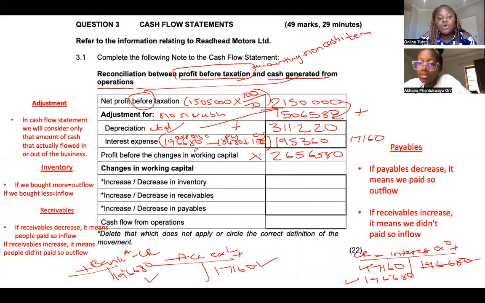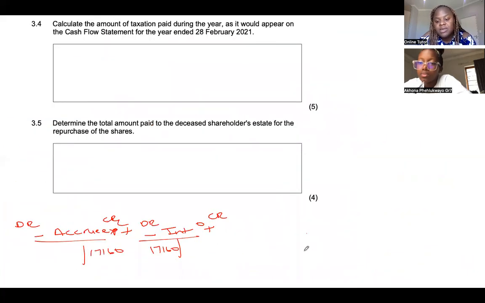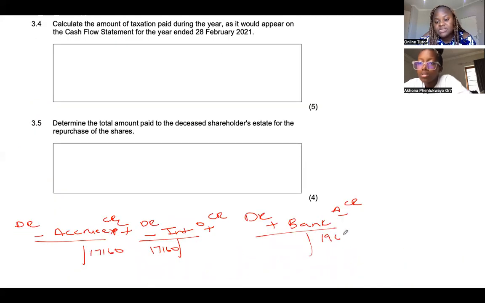But then they also told you that interest was paid during the year. Do you agree that if we paid it, our bank would be decreasing with 196,680, which is a credit? So we would debit 196,680. Correct?